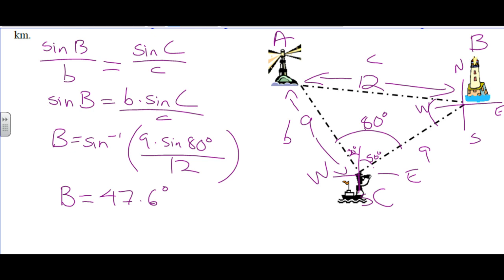I'm going to write the whole thing out because we might have to use that angle again in order to find what we ultimately want to find.